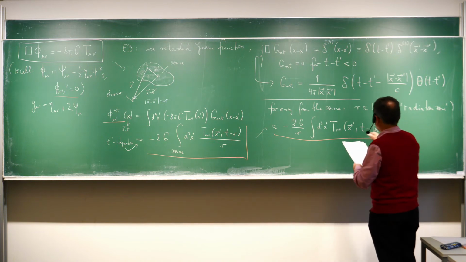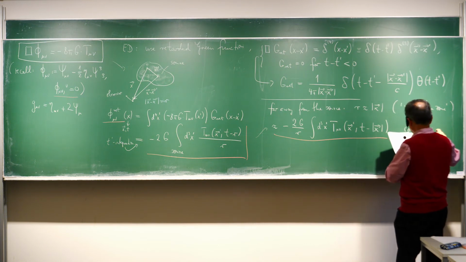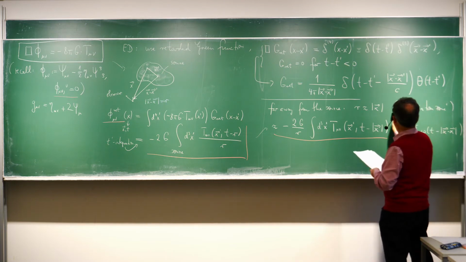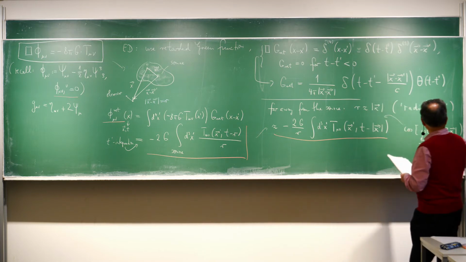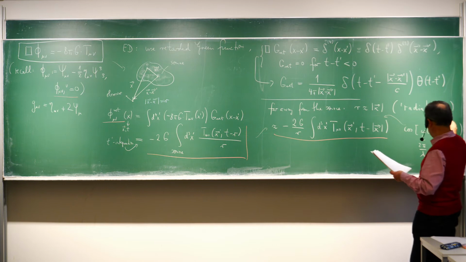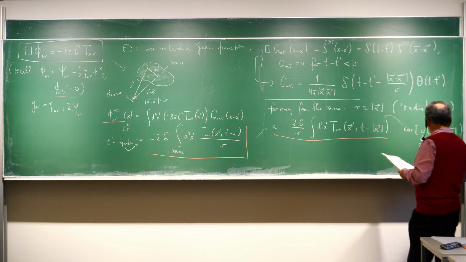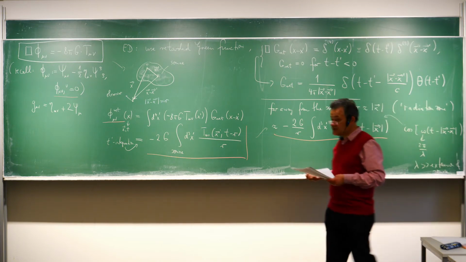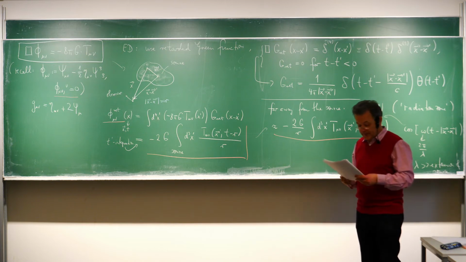I mean, this T mu nu may contain terms, for example, like cosine of omega times t minus the absolute value of x minus x prime. Terms like that are typically here, and this omega is 2 pi over lambda. So lambda must be much bigger than the extension of the source, so that we can neglect this here. Well, there may be situations where this does not hold, and in these other situations, of course, you must go to a more detailed analysis.